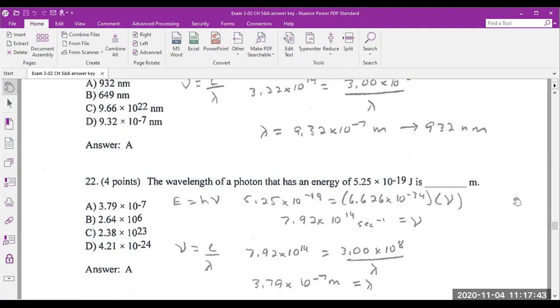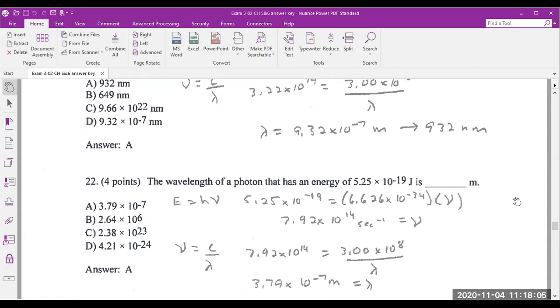So we have the energy value, the 5.25 times 10 to the minus 19. That's equal to 6.626 times 10 to the minus 34th times the frequency. We can solve that equation for a frequency value. That's the 7.92 times 10 to the 14th value.